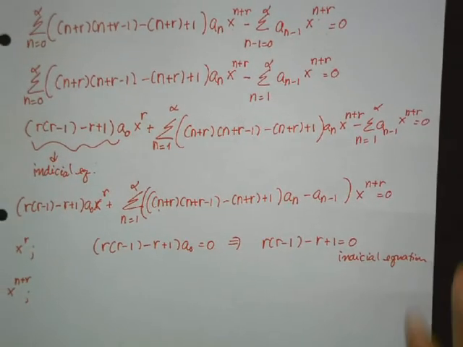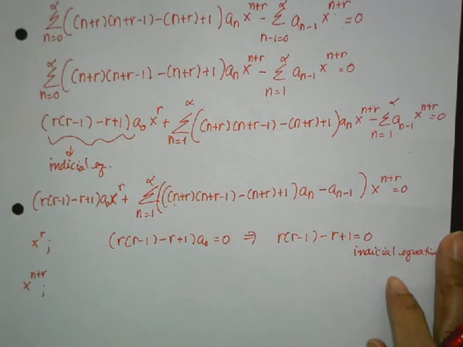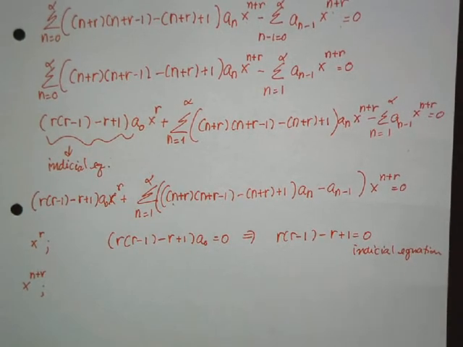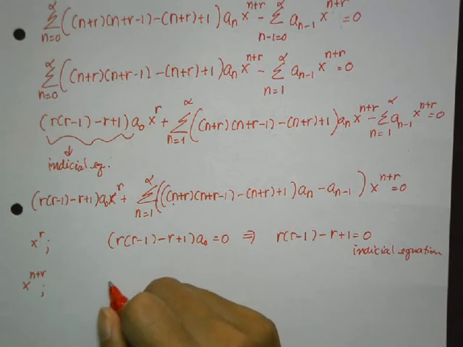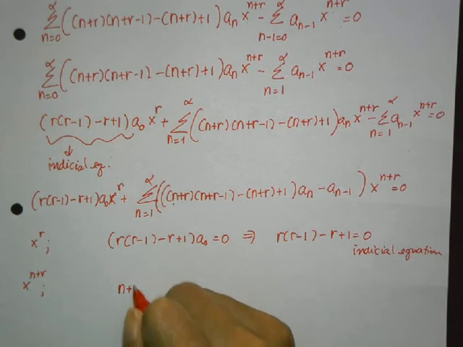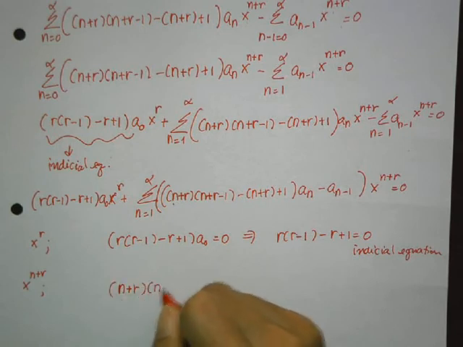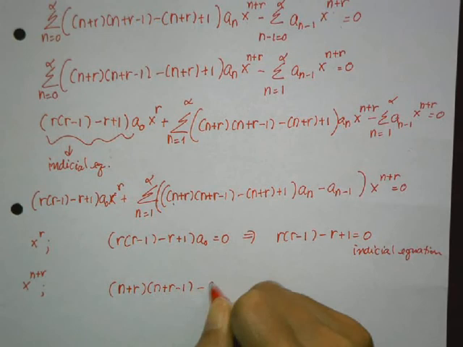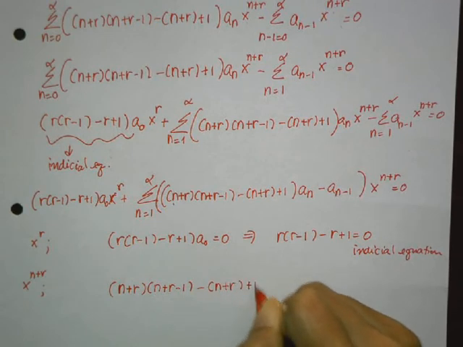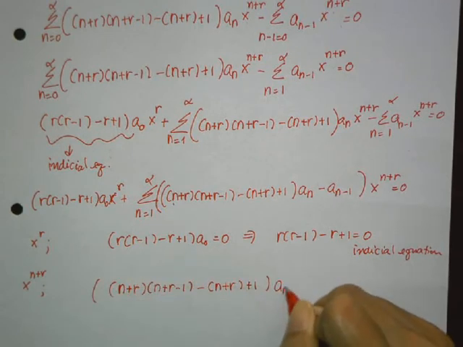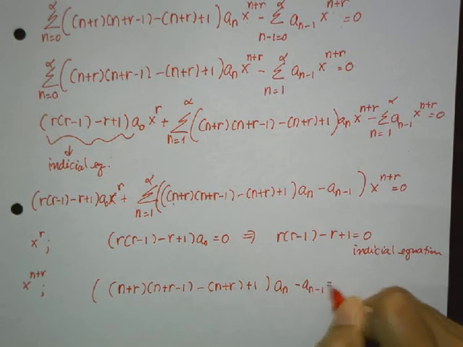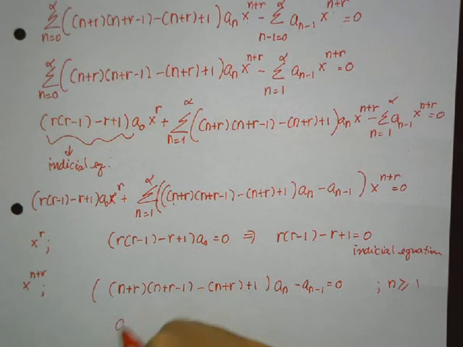We are going to compare the coefficients. The first one gives us the indicial equation, and the second one gives us the recurrence relation. This is for n greater than or equal to 1, where a_n is equal to a_(n minus 1) over the appropriate factor.